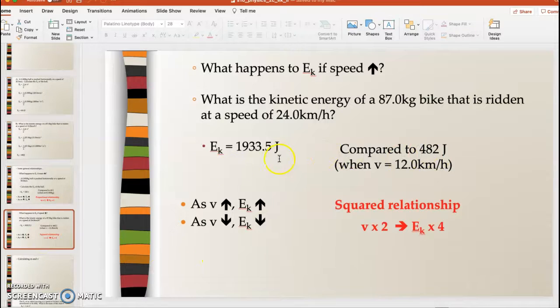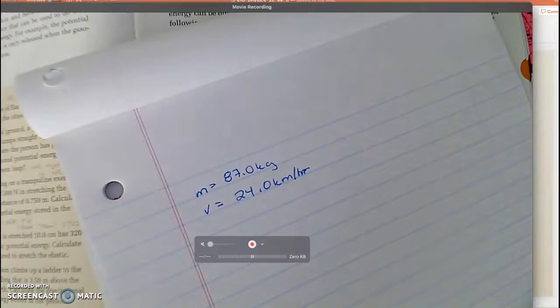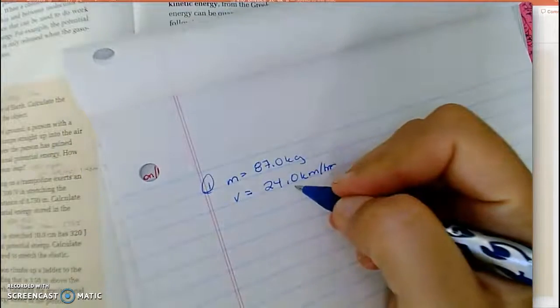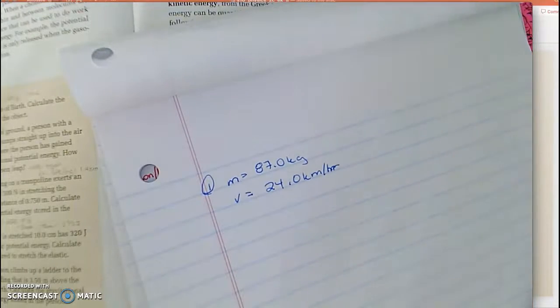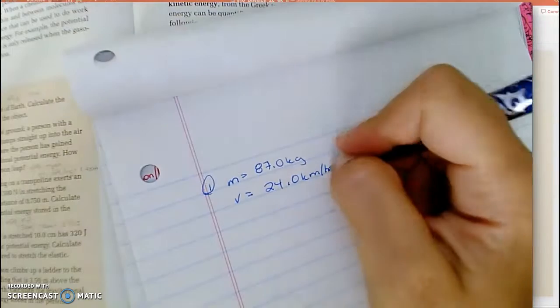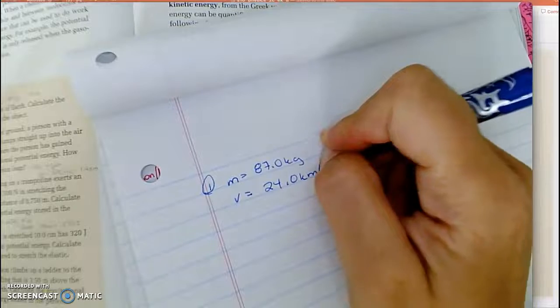Because it's not showing our work here, let's do it. Our mass was 87 kilograms. Speed 24 kilometers per hour. We don't want kilometers per hour, and let's write it tidily.